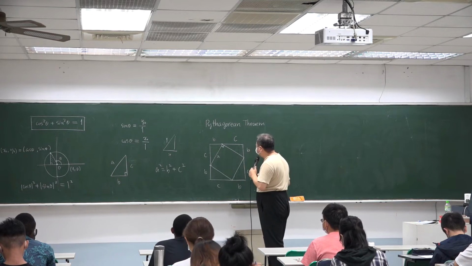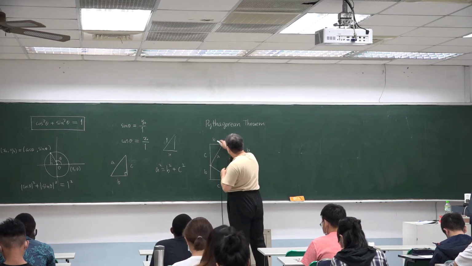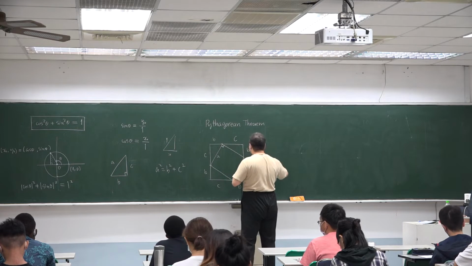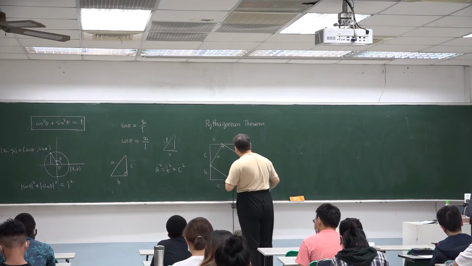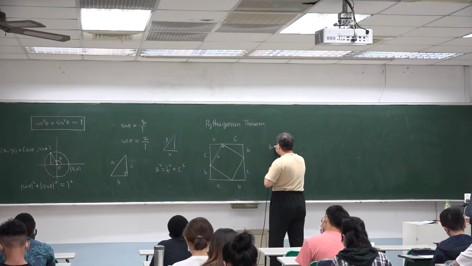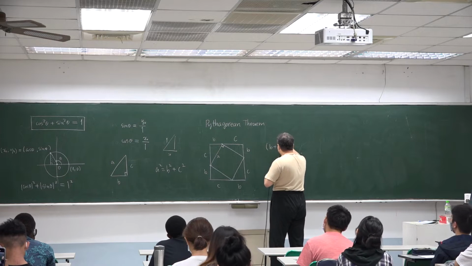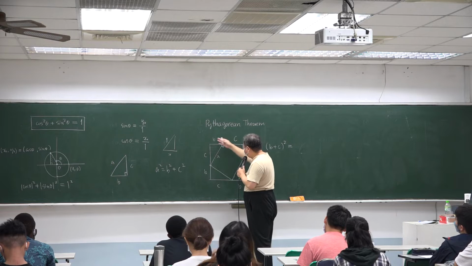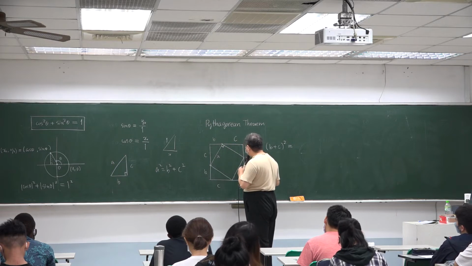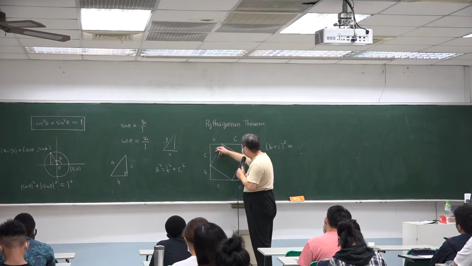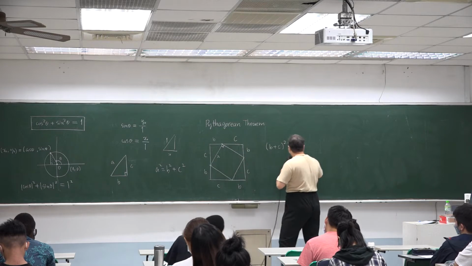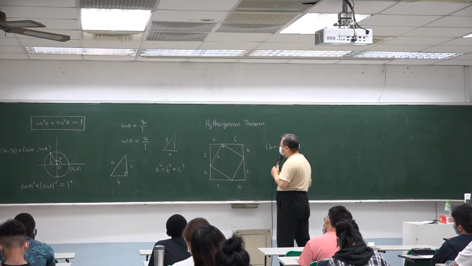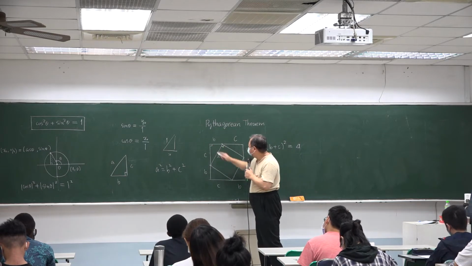Now, the area of the big square is (B plus C) squared. And this big square is divided into 1, 2, 3, 4 right triangles.